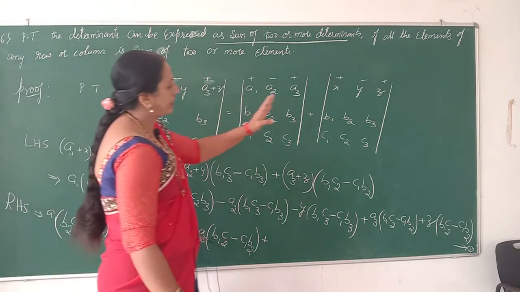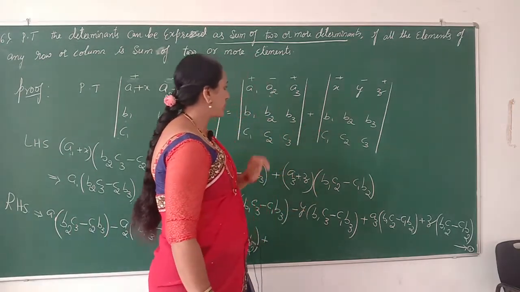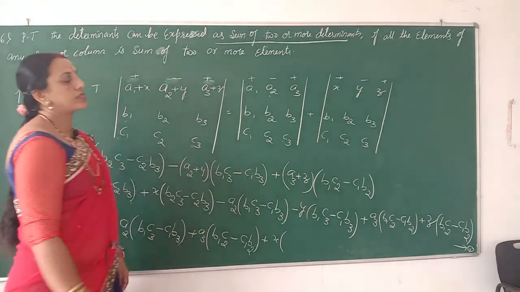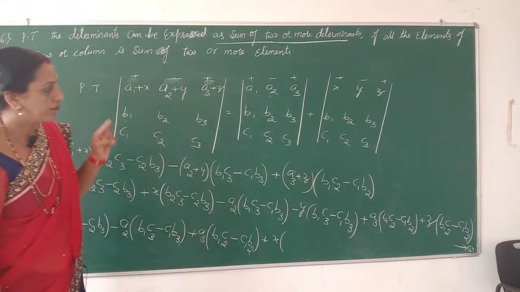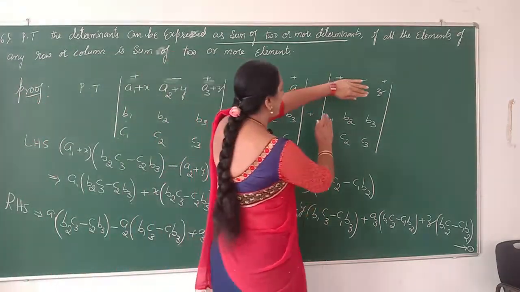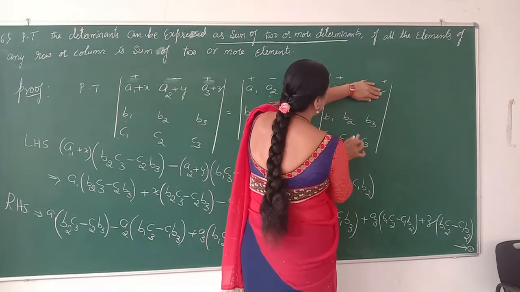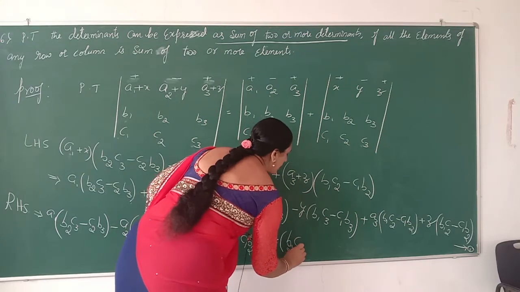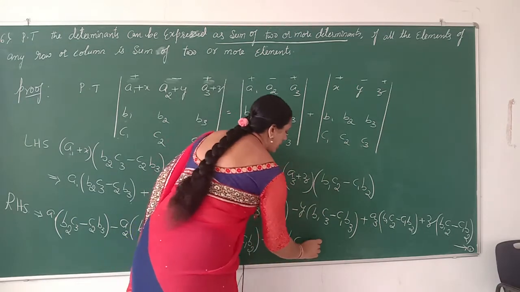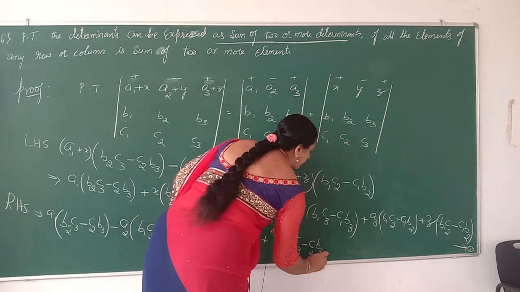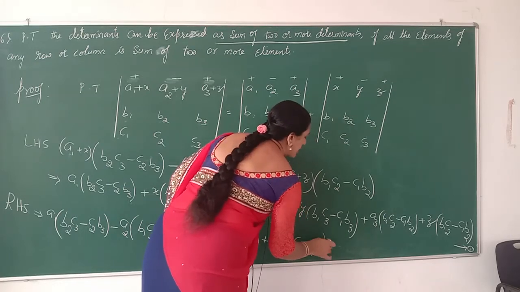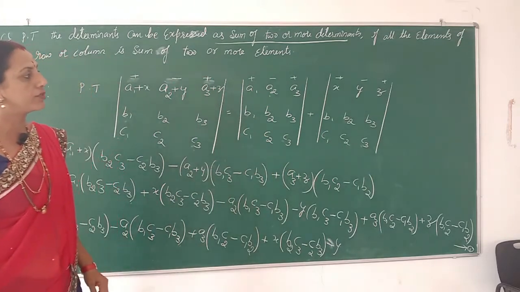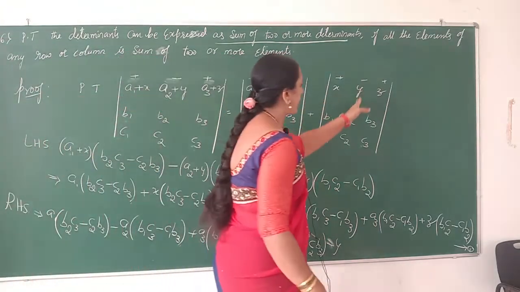Similarly, the second determinant is also expanded using the same procedure. The first element is X, where X is an element of the first row, first column, and these elements get neglected and the remaining get cross multiplied, that is B2C3 minus C2B3. Then the second element is Y. Y is an element of the first row and second column.